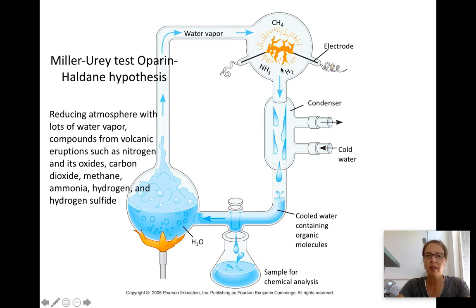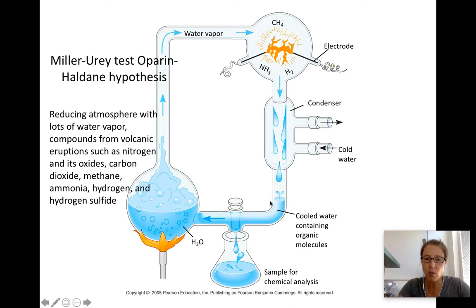And so they were testing to see, okay, could the first organic molecules have formed in this atmosphere? Because it wouldn't have happened spontaneously in the atmosphere we have today. So they set up all of these gases with some water vapor in a chamber. So they've got all these gases here. And then they hit all those molecules with an electrode, kind of an electric spark.